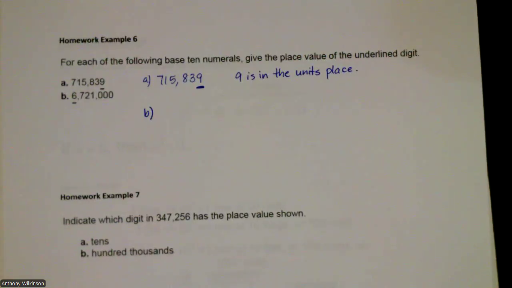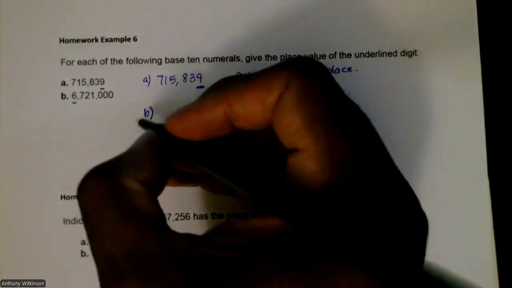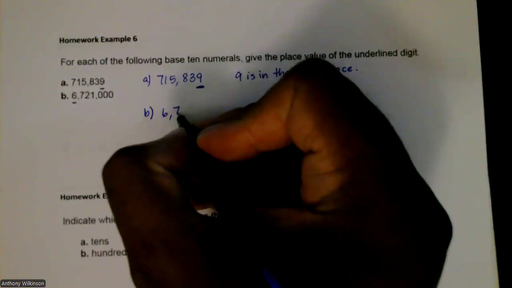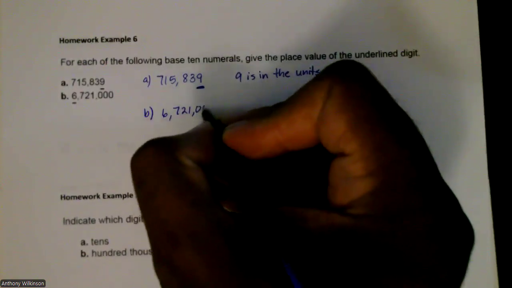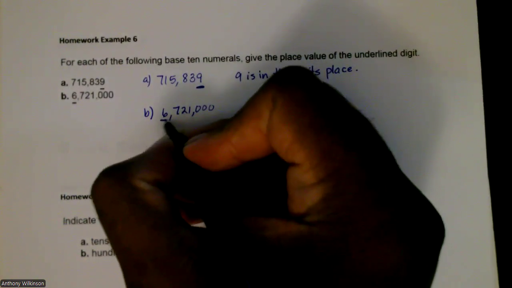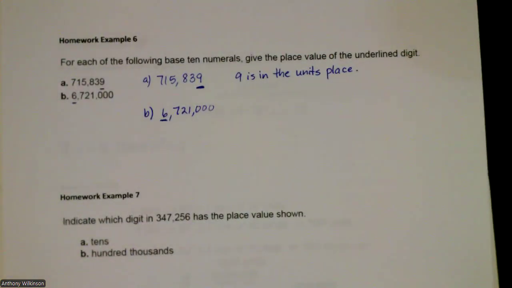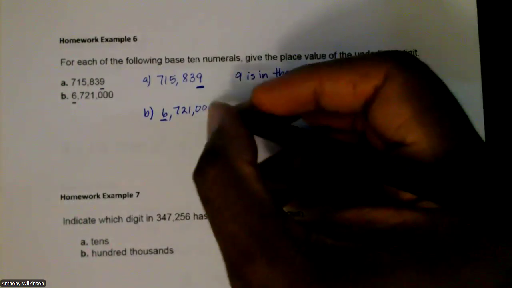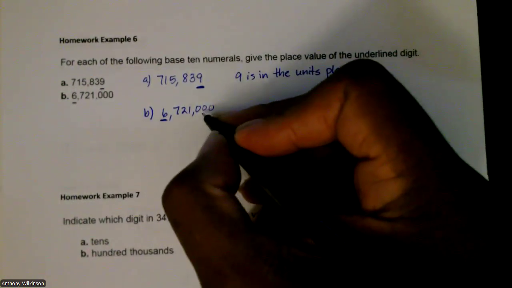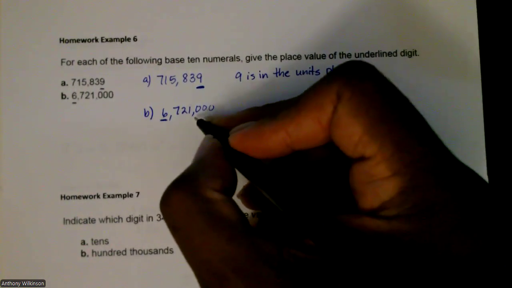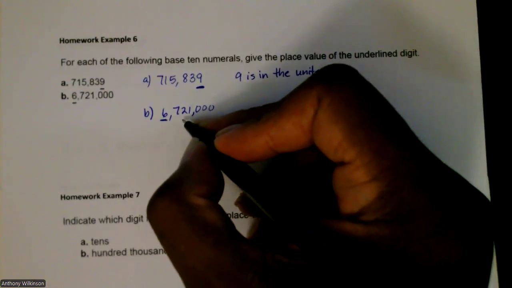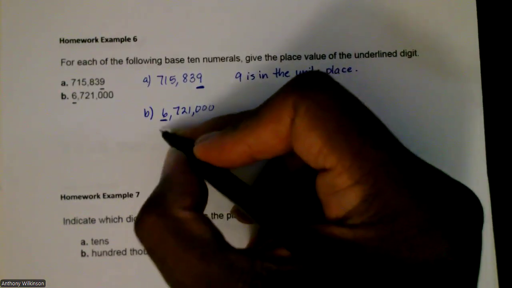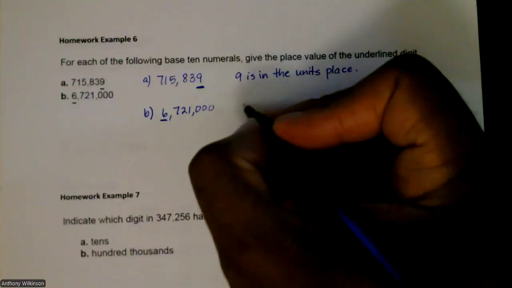And then for part B, here we got 6,721,000. Here the 6 is underlined. So that means that the 6 has to be in the millions place. Because this is ones, tens, hundreds, thousands, 10,000s, 100,000s, millions.